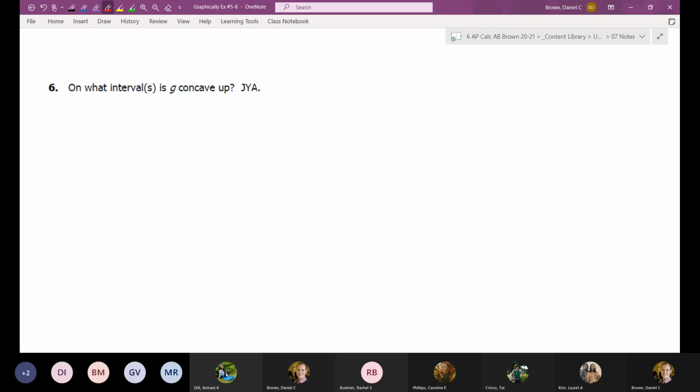And there's 2 options we can say. So I'm going to write both of them and we'll pick the one that is correct. What's one way we can prove that something is concave up? G double prime is positive. So that could be one reason, because G double prime is positive. Or because G prime is increasing.